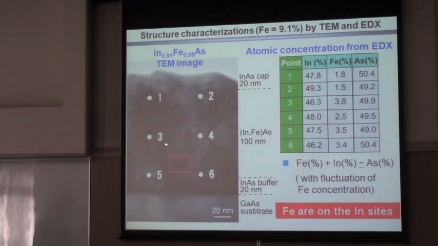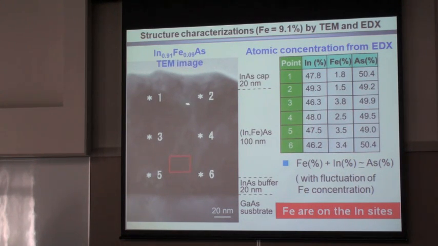So this is a TEM cross-sectional image taken from one of the samples with iron concentration 9%. And at the same time, we have measured atomic concentrations of each different point in the film by EDX measurements. And these are the results.